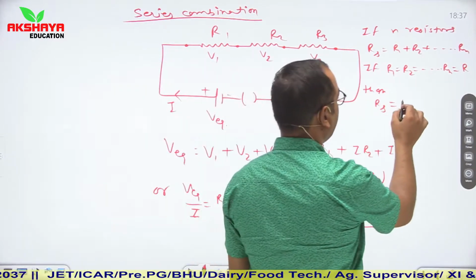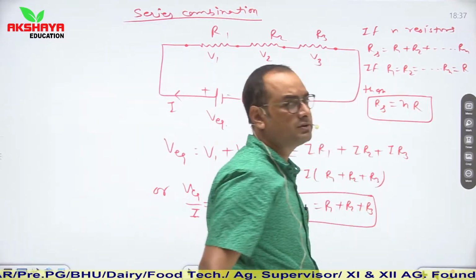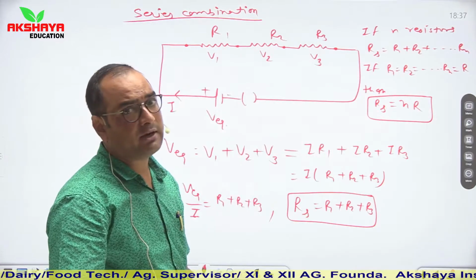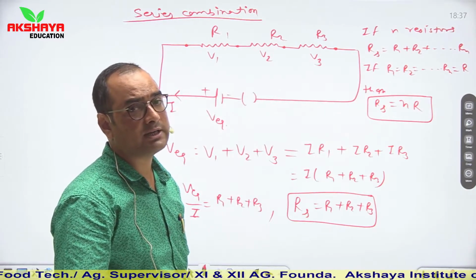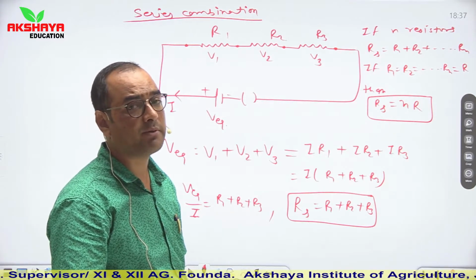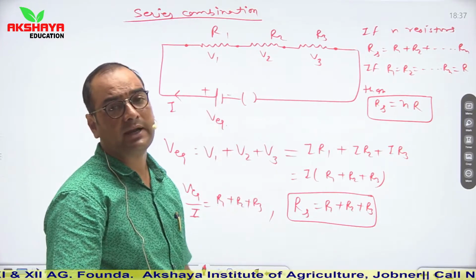So it becomes equal to n into R. This is the simple concept. Whatever values of resistors are given in series combination, if you have to calculate the equivalent resistance, simply add all the resistances connected in series.